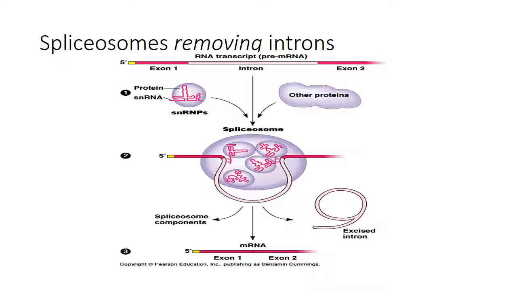So anyways, what a spliceosome does is it excises or cuts out the introns and splices together the exons. Okay, so that's part of that post-transcription modifications that has to happen, and this is all occurring in the nucleus before it leaves the nucleus.